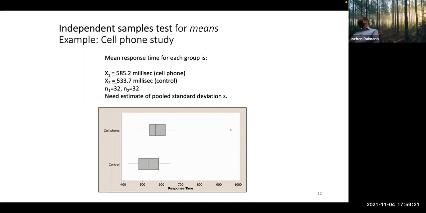Interquartile range, correct. And now the million-dollar question: what is the end of the whisker? Now the outlier would be that guy over there. That's the outlier. But what's the end of the whisker? That's my question.